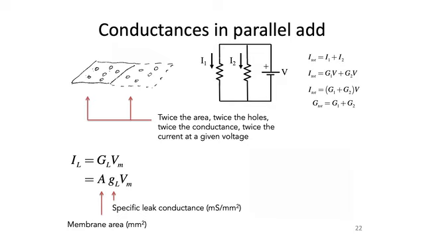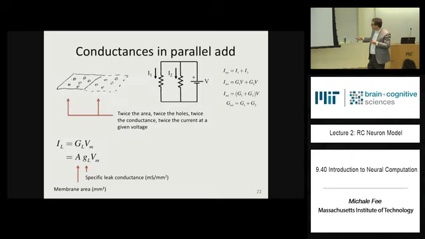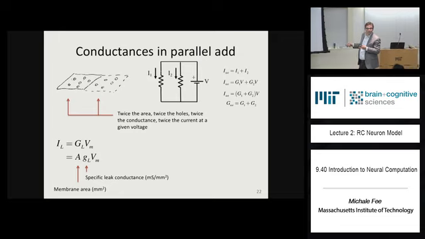That's called specific membrane conductance. In this case, it's a leak, so we call it specific leak conductance, and it has units of conductance per area. We multiply that by the area, and we get the total conductance. Any questions about this?